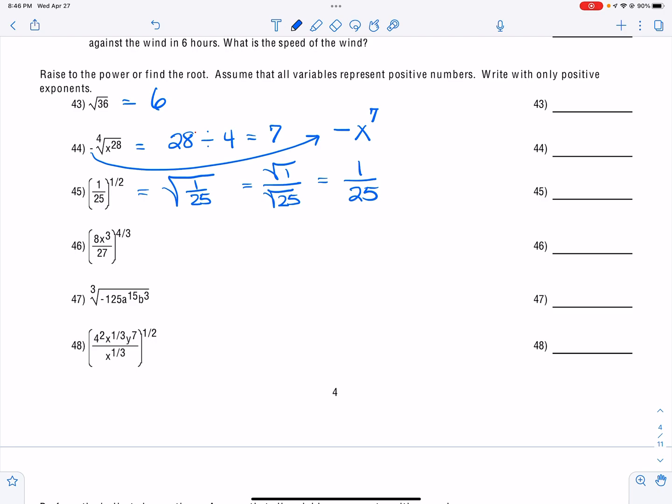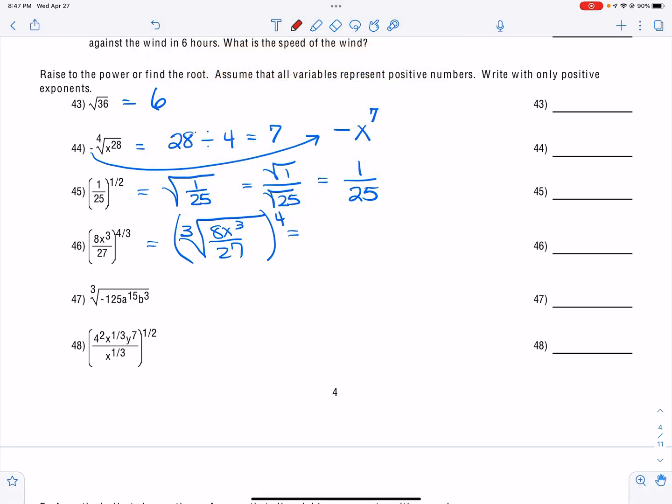Now, when I'm raising this parentheses to the 4/3 power, what I'm going to do is I'm going to take the cube root, the denominator is always the root, of 8x to the 3rd over 27, and once I take the cube root of that, I am going to raise that to the 4th power.